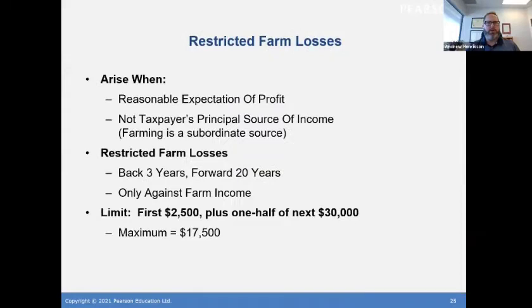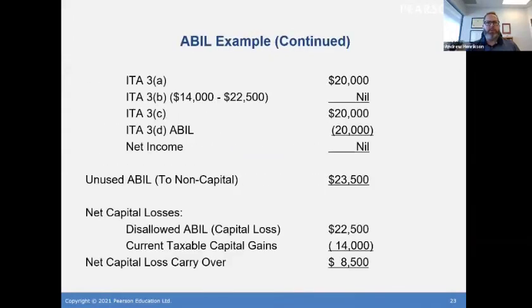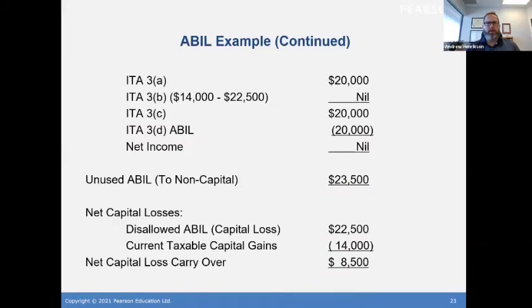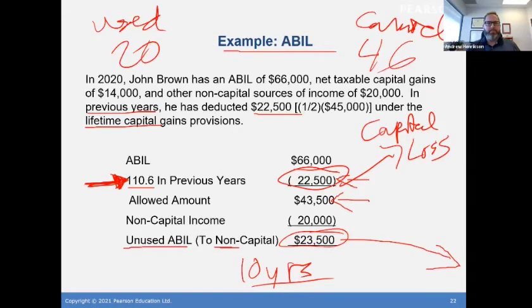So there's stuff here for, let's see here. So we did the first part there. So that's your unused, your disallowed ABIL. In this case, what did we have here? I forgot. We have one more piece to this puzzle.